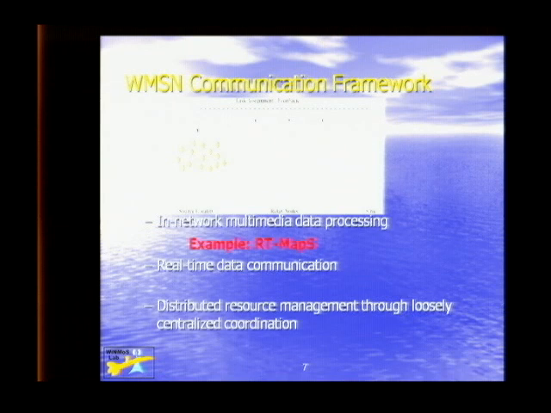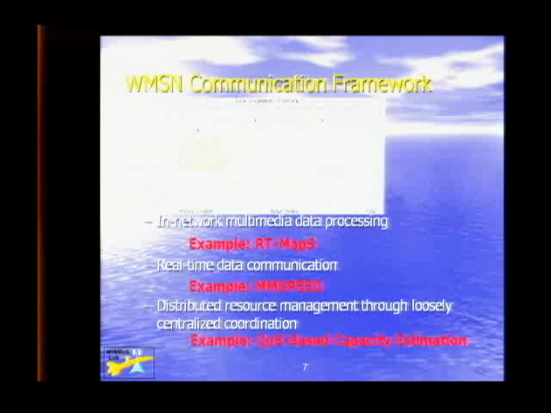For the first, I'm going to talk about a solution that we developed about a year ago, called RT Maps. For the second part, I'm going to talk about a real-time, cross-layer communication protocol we call MMSpeed. And for the last one, I'm just going to introduce introductory work that possibly leads to resource management in such a system.